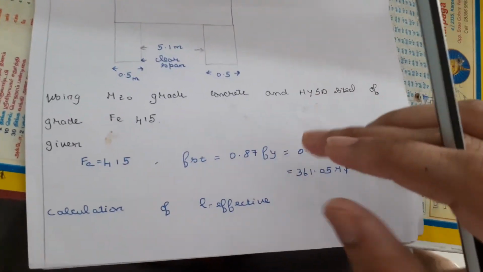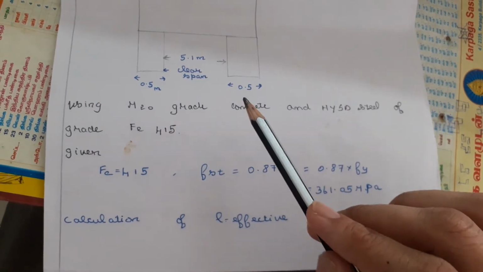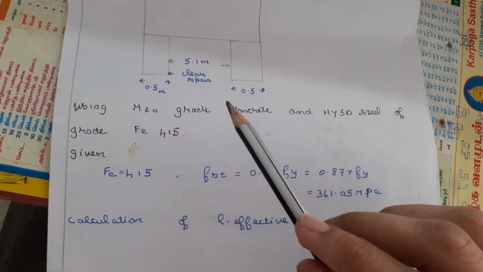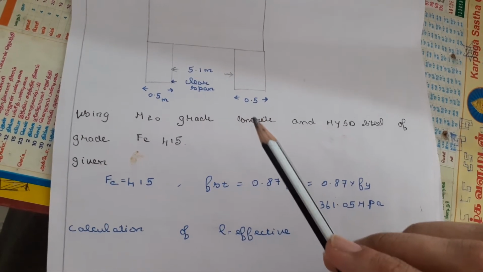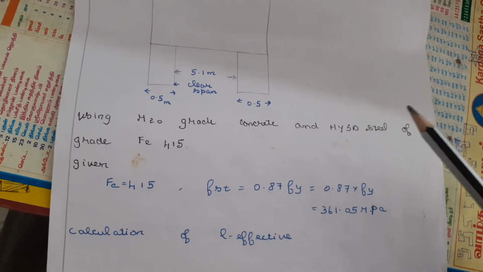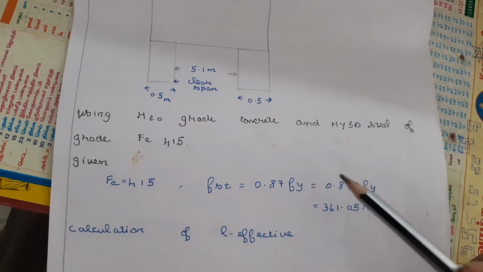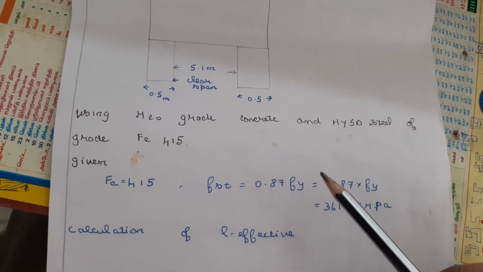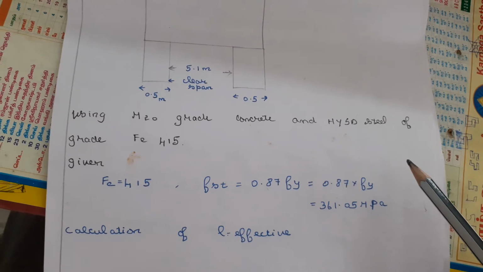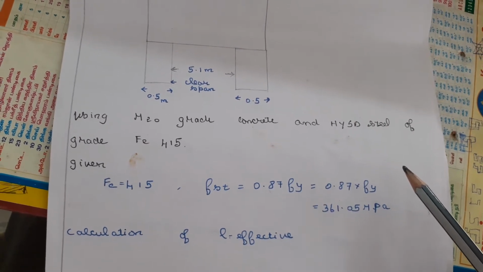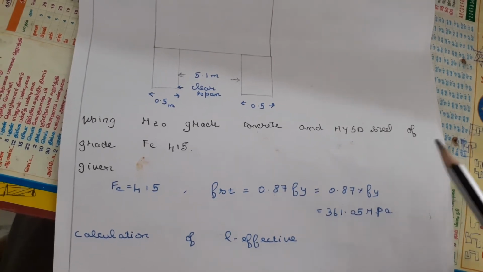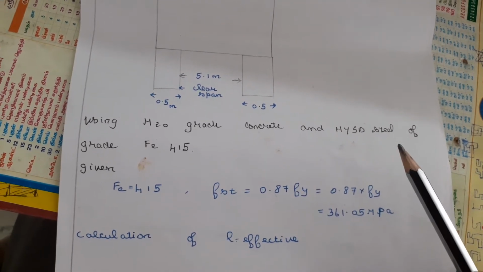Now, using M20 grade concrete and HYSD steel of grade Fe415, high yield strength grade, we need to calculate fst. So fst is equal to 0.87 fy, which is 0.87 into 415, which gives 361.05 MPa.